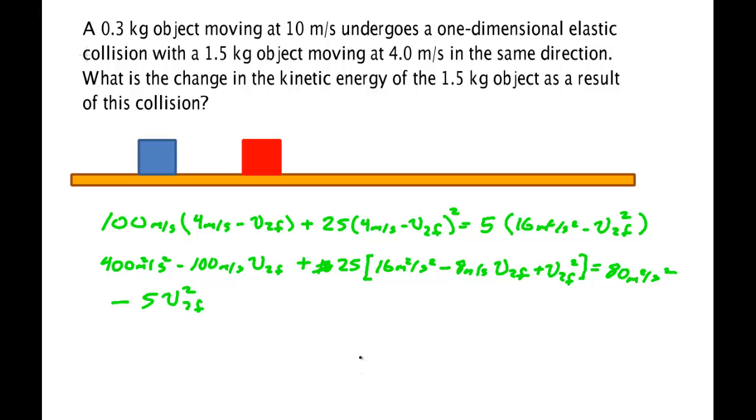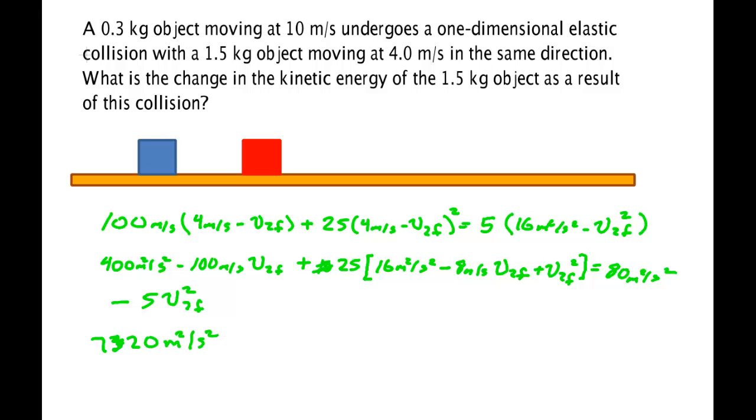Alright, so we still have an awful lot of stuff to do. We're going to have to start collecting some terms. We can take the 80 from the 400, and that gets us 320. We have the 16 times 25. 4 times 25 is 100, so that's 400 more, so that would be 720 meters squared per second squared.